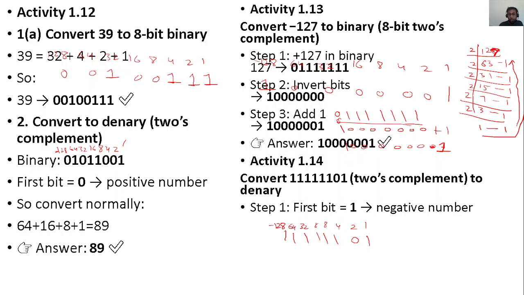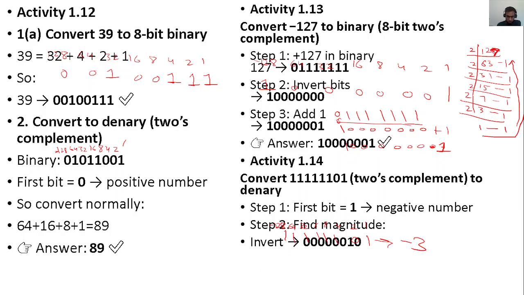Now when we add them, we get minus 128 plus 64, minus 64 plus 32, minus 32 plus 16, minus 16 plus 8, minus 8 plus 4 will be representing minus 4, plus 1. So this number will represent minus 3.